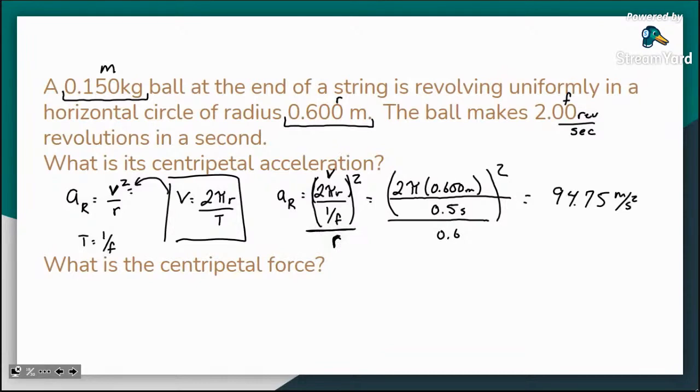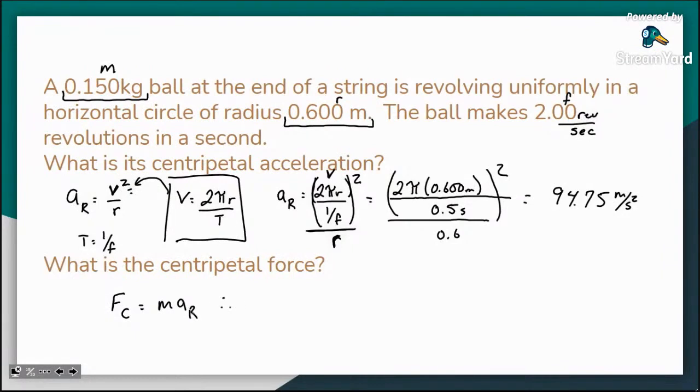But now that I've got my acceleration, I can go about finding what that centripetal force is. Again, force centripetal is going to be mass times acceleration radial.